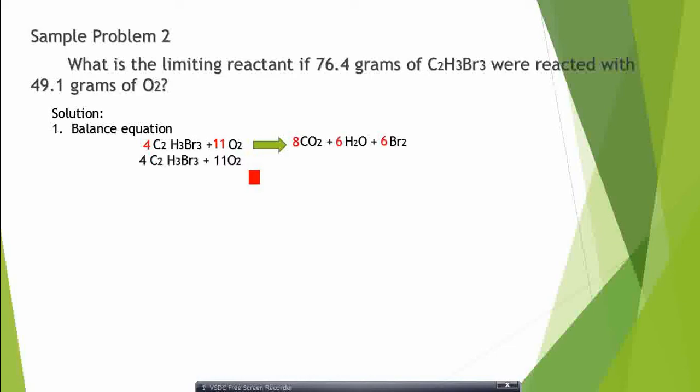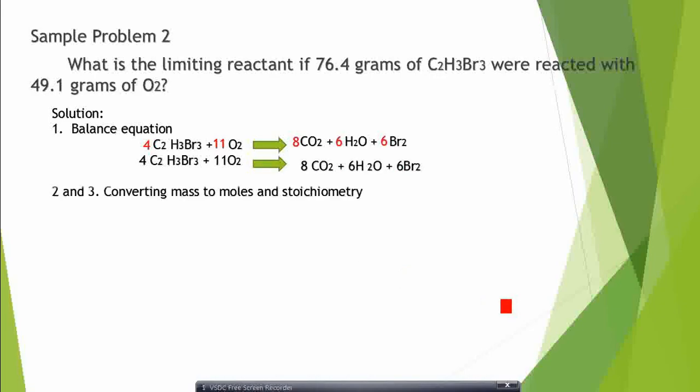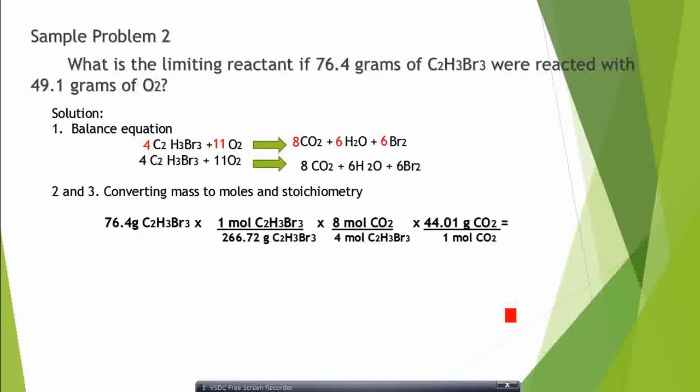Let's proceed to steps 2 and 3: converting mass to moles and stoichiometry. 76.4 grams of vinyl bromide times 1 mole of vinyl bromide over 266.72 grams of vinyl bromide.